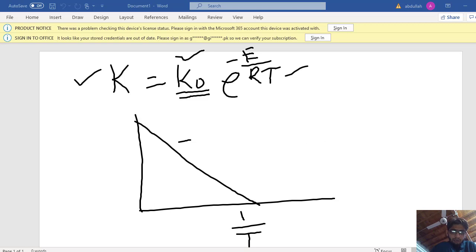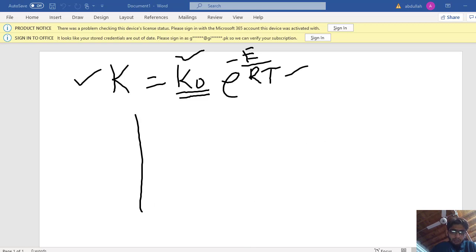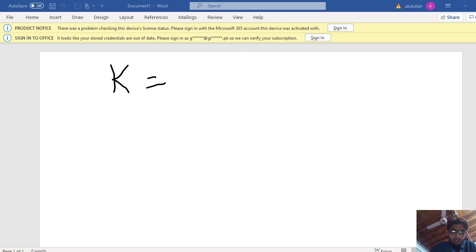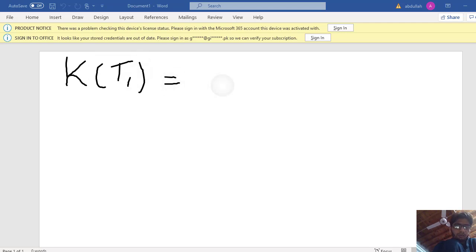Now if there are two temperatures, we can also write the rate constant at different temperatures. Suppose we have a temperature T1. The rate constant is k at T1, equal to k naught e to the power minus E by R T1.